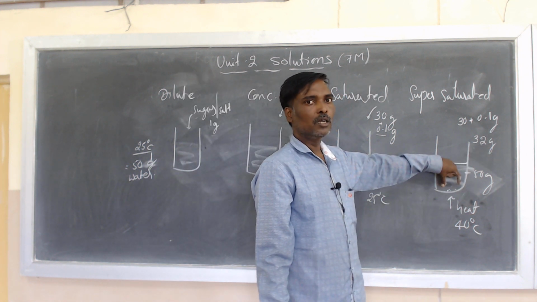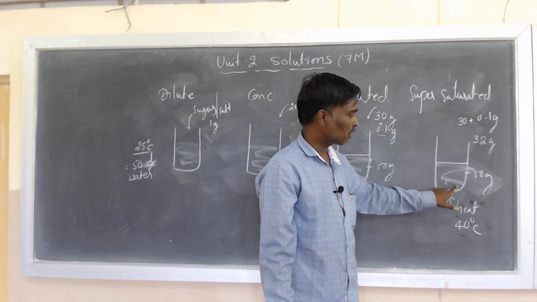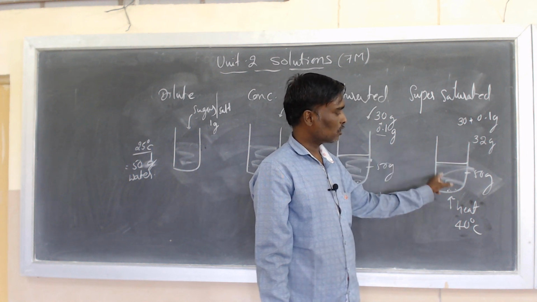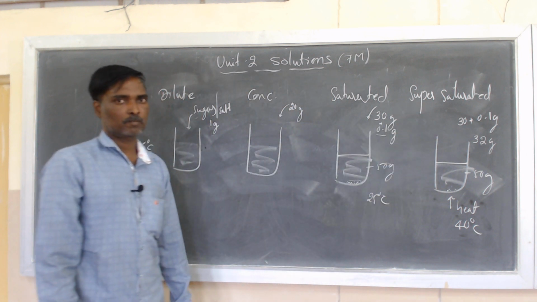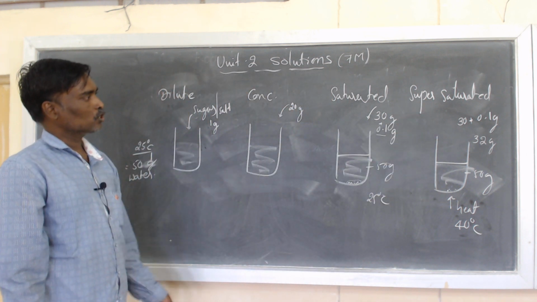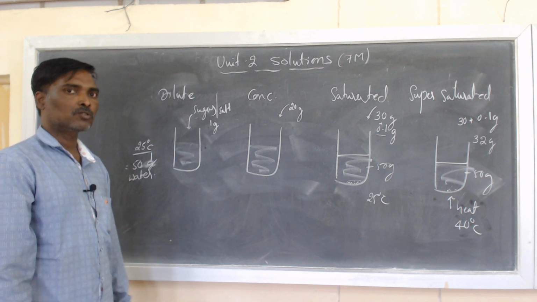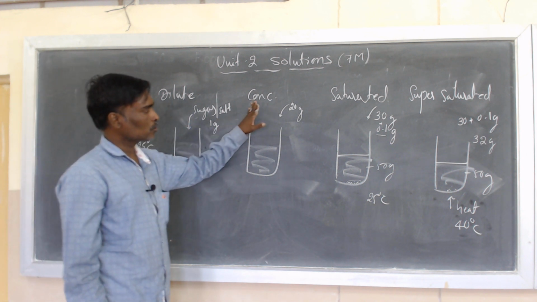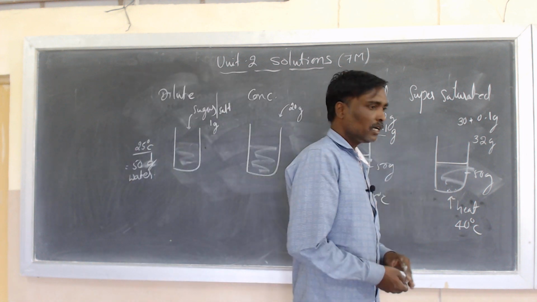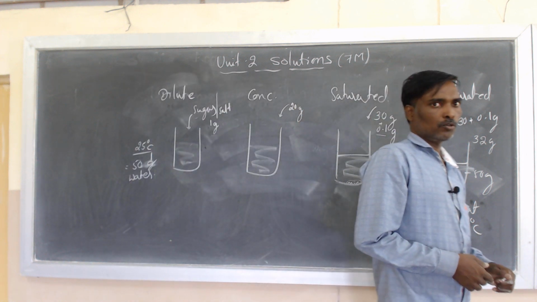At 40 degrees Celsius, those 2 grams dissolve in the solvent. So these are the types of solutions based on the solubility of the solute in the solvent: dilute, concentrated, saturated, and supersaturated solutions.